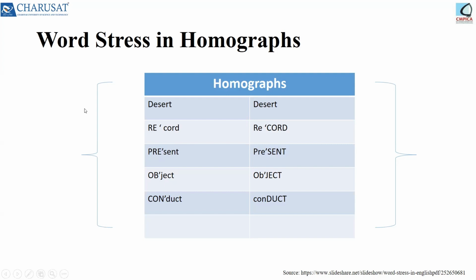So the first one is dessert. Dessert is basically the sweet dish that we have. And the second one is desert. Dessert and desert. Dessert is where we emphasize the first syllable. If we emphasize the second one, desert, right?